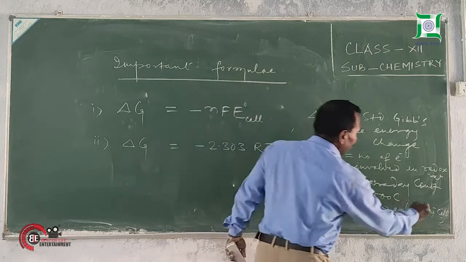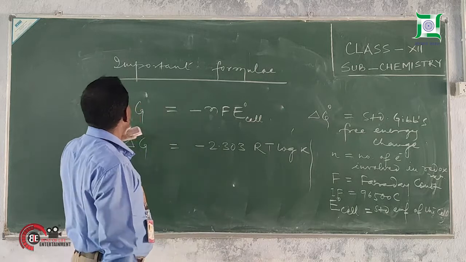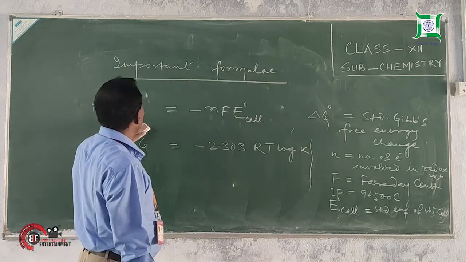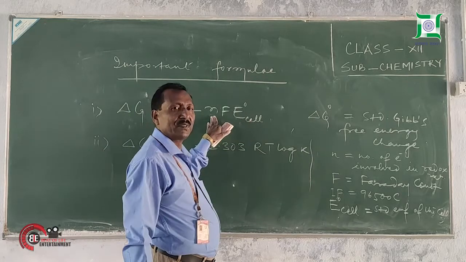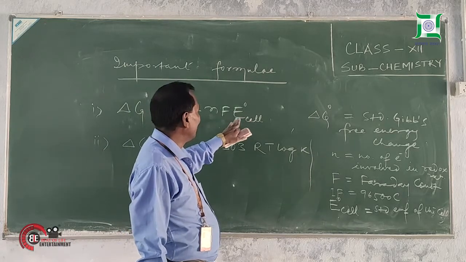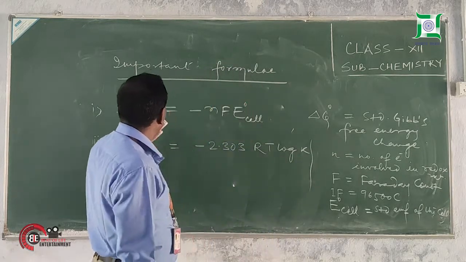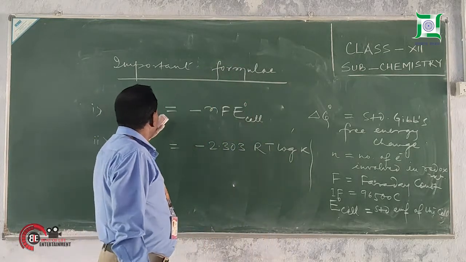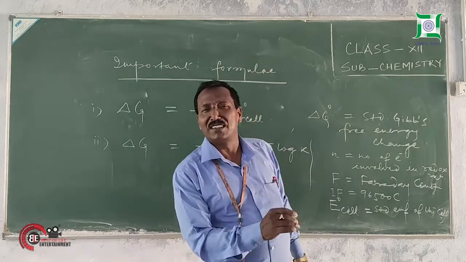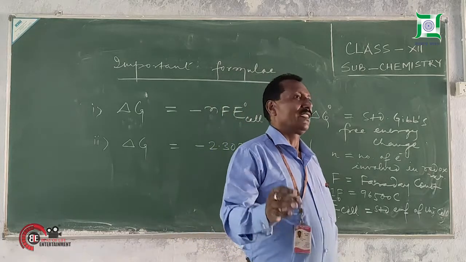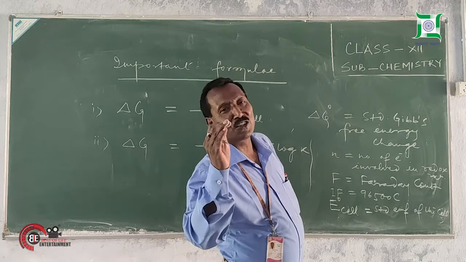In this way, we can find out delta G naught if all values such as n, F and E naught cell are given. With the value of delta G naught, we can predict whether the given cell reaction is feasible or not feasible.